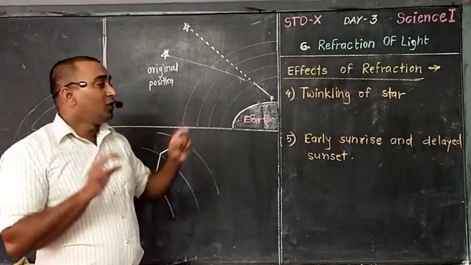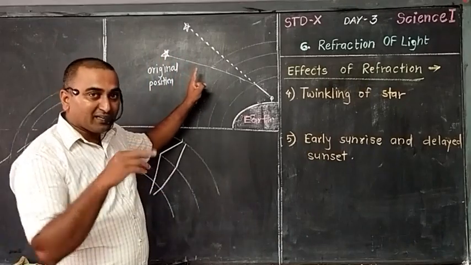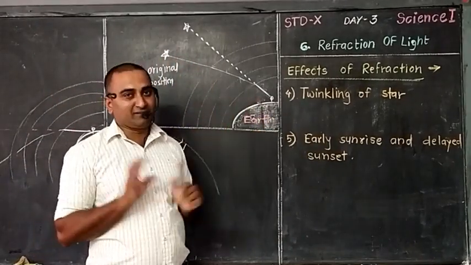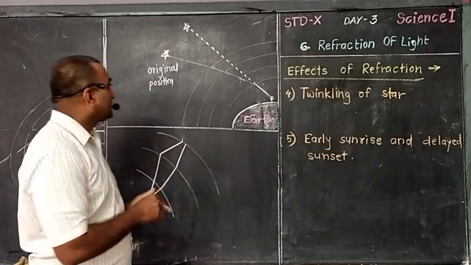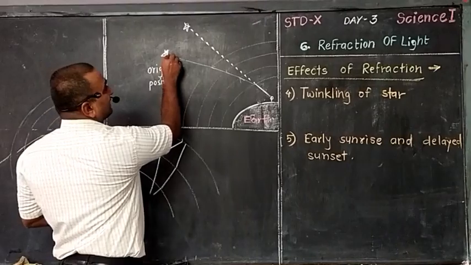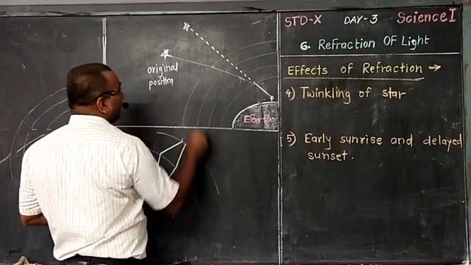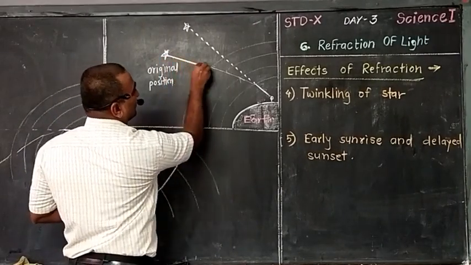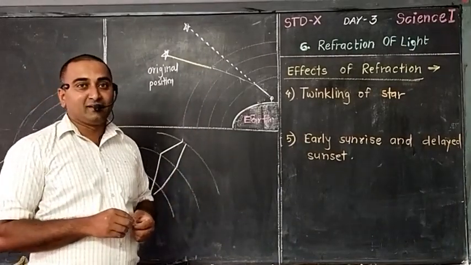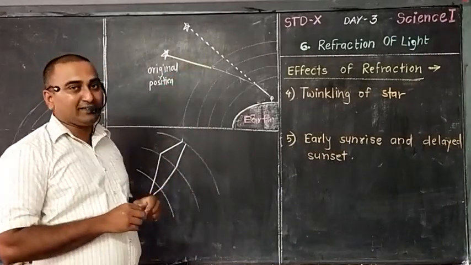So while traveling from rarer to denser, the ray has to reach the observer. Consider the first incident ray from the star. In space there is no refraction, no change in the direction of light because air is not there.